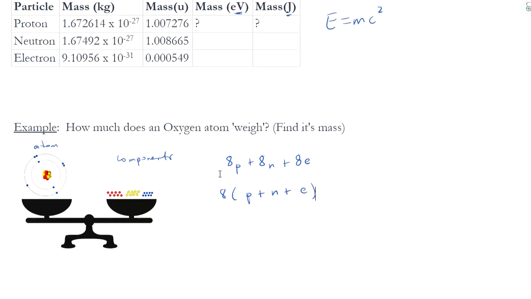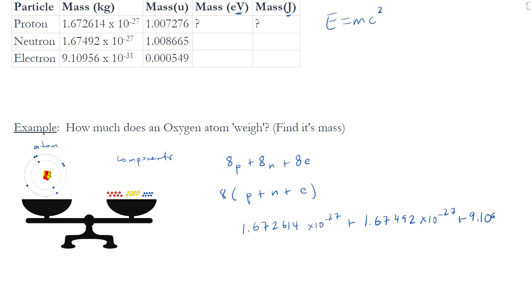And if I zip up to this table here, it's 1.672614 times 10 to the negative 27 plus the neutron, 1.67492 times 10 to the negative 27, plus the electron, which is 9.10956 times 10 to the negative 31, all in kilograms and all multiplied by 8. That will give me the mass of the components.